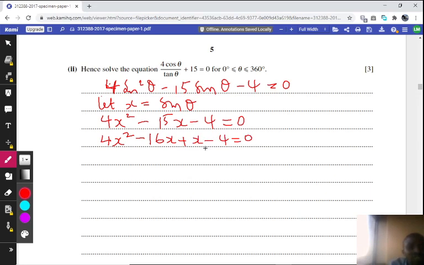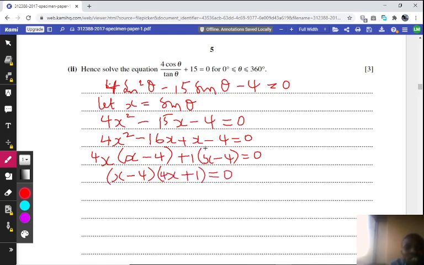Then you factor out 4x, and in the brackets it will be x minus 4. Then you factor out 1, and it will be x minus 4 in the brackets equals 0. So you write x minus 4 times 4x plus 1 equals 0.